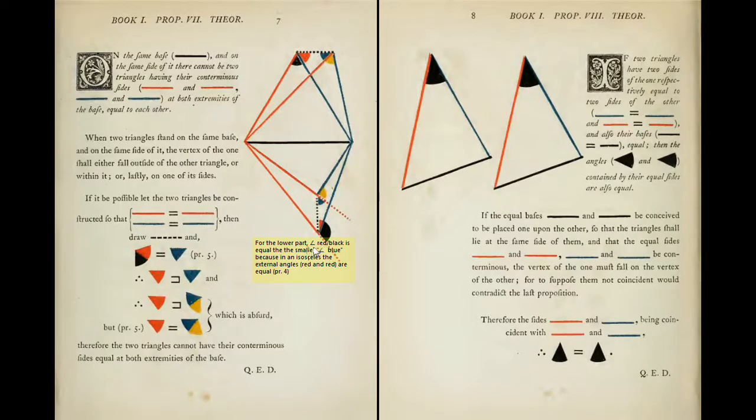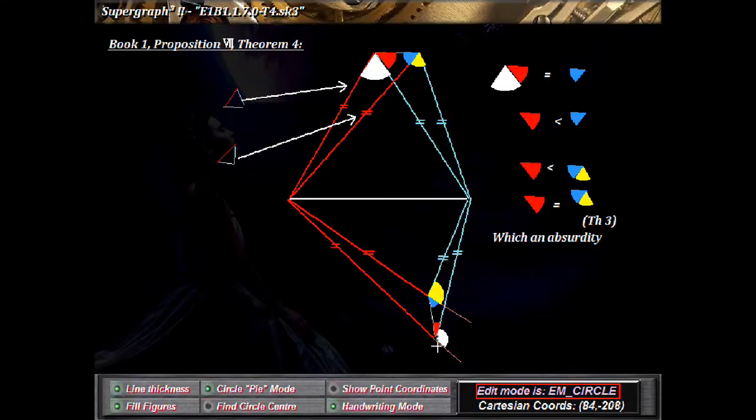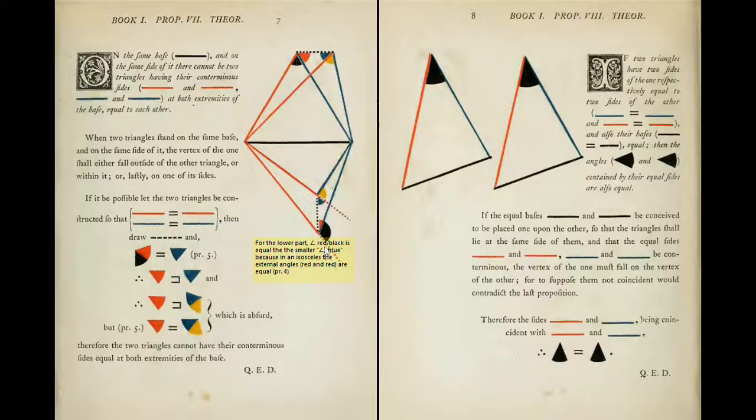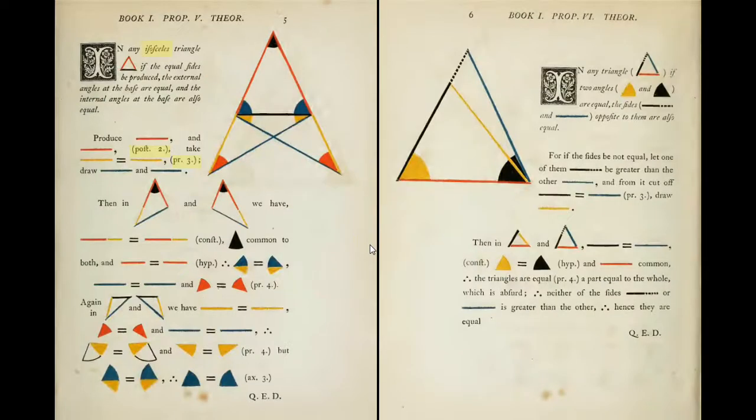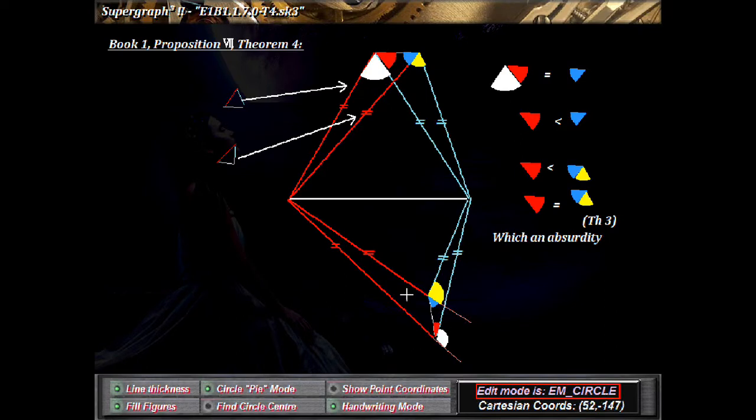That the angle red-white, that's this one, is equal to angle yellow, equal to angle blue here by proposition 4, which states that the external angles of an isosceles triangle when extended, which is the case here, are equal.